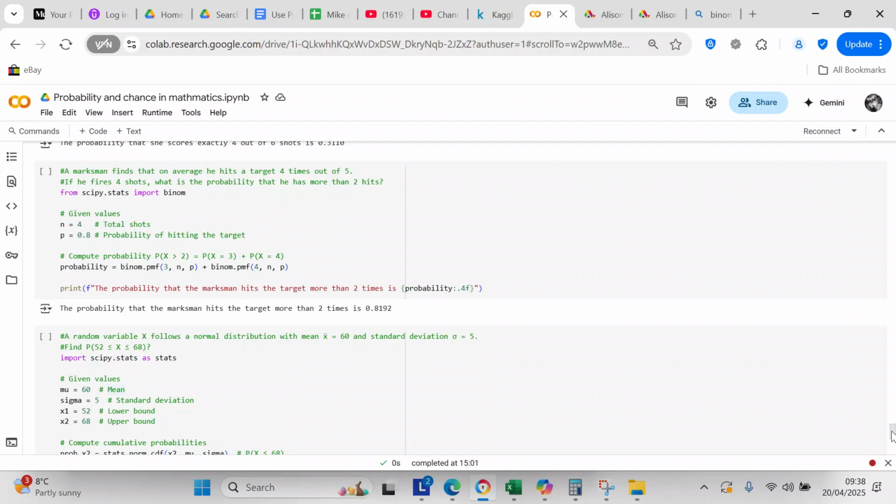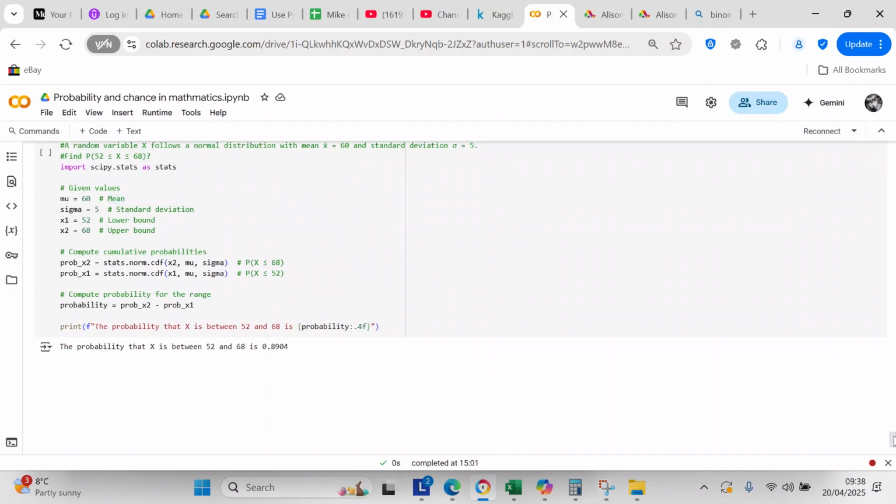So we compute the probability of P(x > 2) equals P(x = 3) plus P(x = 4). So probability equals binom.pmf(3, n, p) plus binom.pmf(4, n, p), and you have an answer of 0.8192.